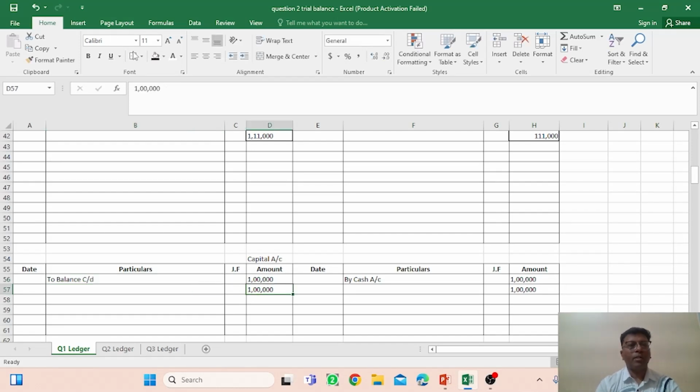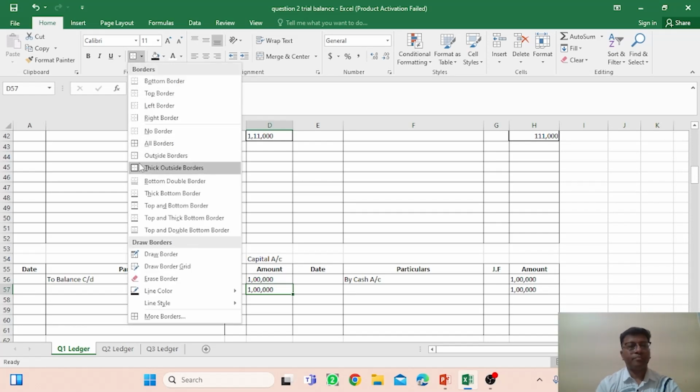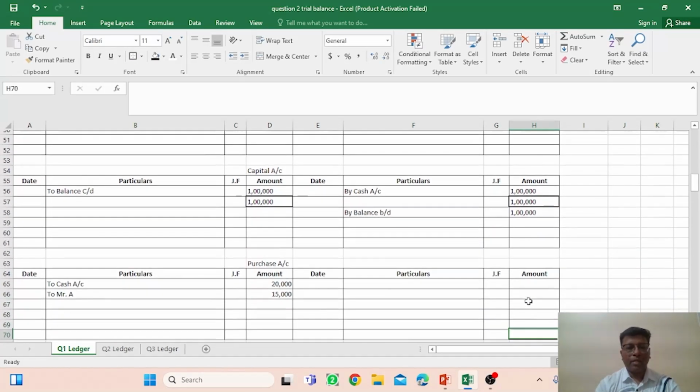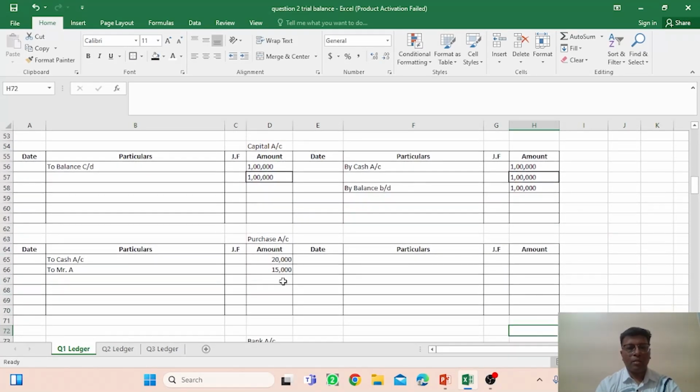So this is the total, and you have to carry this particular balance to the opposite side, that is credit side. So by balance BD, it is again rupees 1 lakh, right?